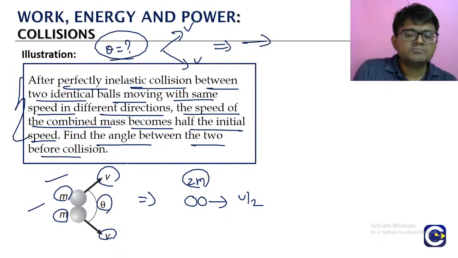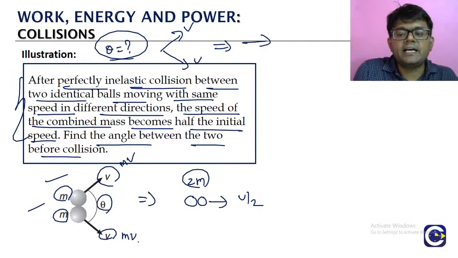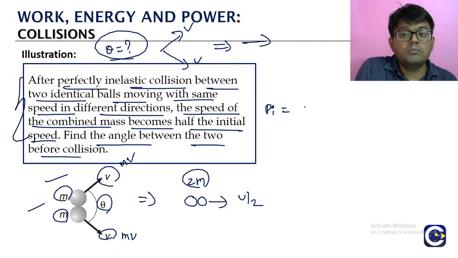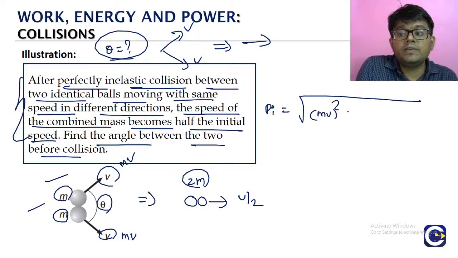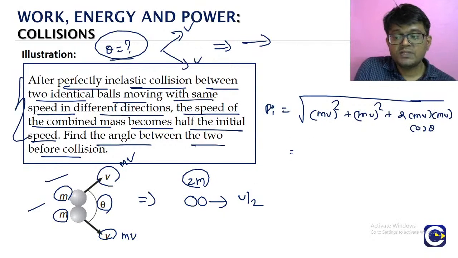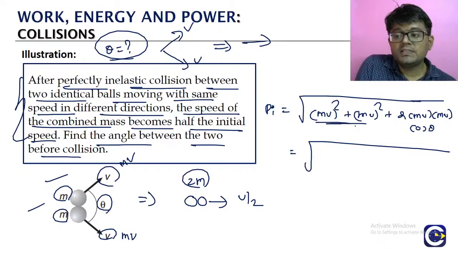Because initially the momentum of each is mv. They are at an angle theta. So initially the resultant momentum is a vector. Resultant momentum means root of mv square plus mv square plus 2 into mv into mv into cos theta. So this is root of 2 m square v square plus 2 m square v square cos theta.